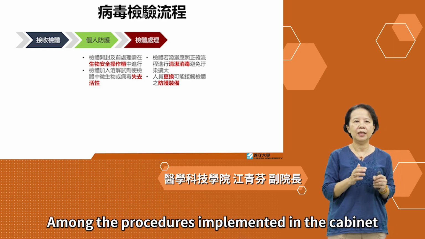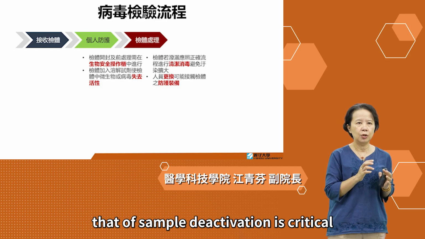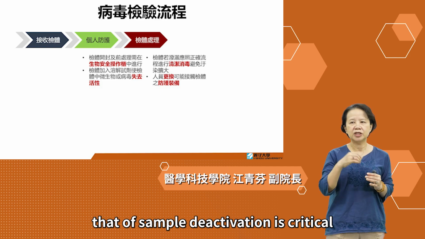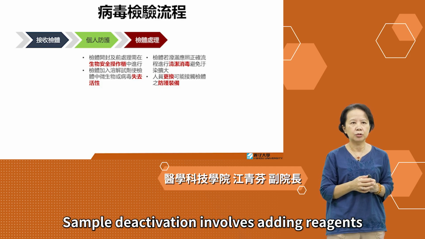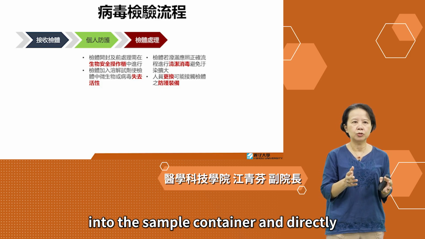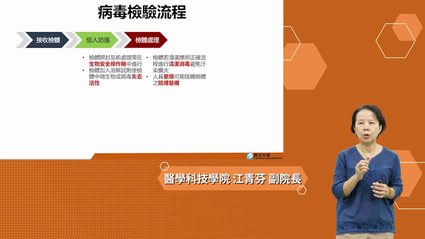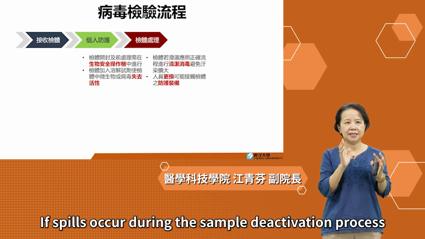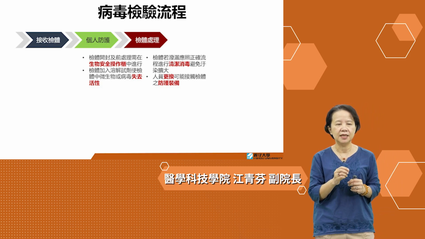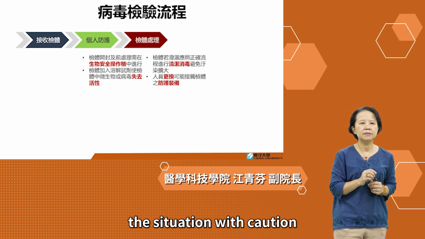Among the procedures implemented in the cabinet, that of sample deactivation is crucial. Sample deactivation involves adding reagents into the sample container and directly to the sample to deactivate the sample. If a spill occurs during the sample deactivation process, testing personnel must handle the situation with caution.